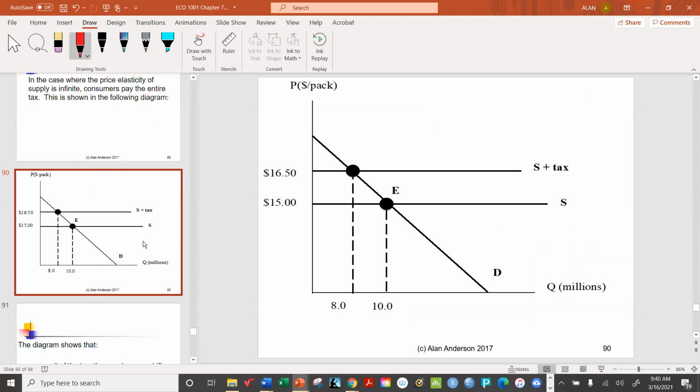Now here the price elasticity of supply is infinite. And based on what we've seen before, that would suggest, guess who's going to pay the tax?